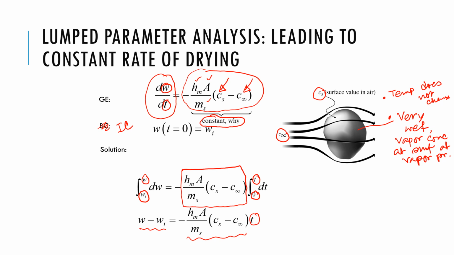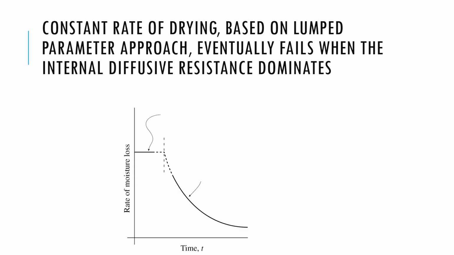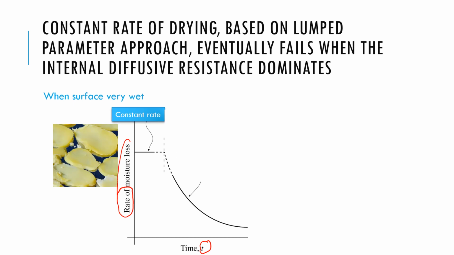So let's look at this in more detail. So this constant rate of drying, here we're plotting rate of moisture loss, so it's rate, dW/dt versus time. And we saw from our equation in the previous slide, dW/dt is a constant when we have the surface very wet.